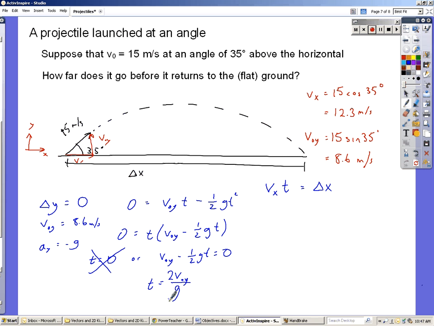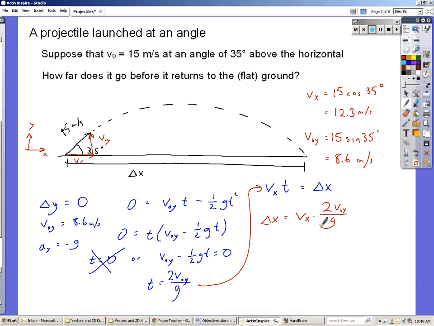Then we'll plug that into this equation, and we'll get delta x equals vx times t, vx times 2 v naught y over g.